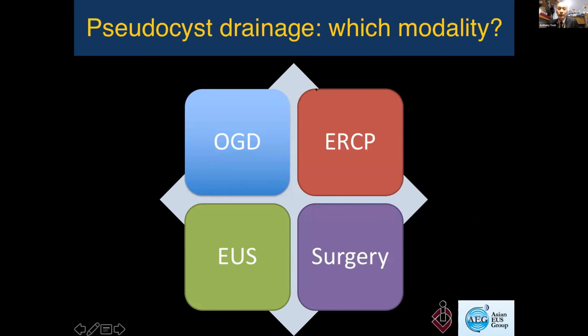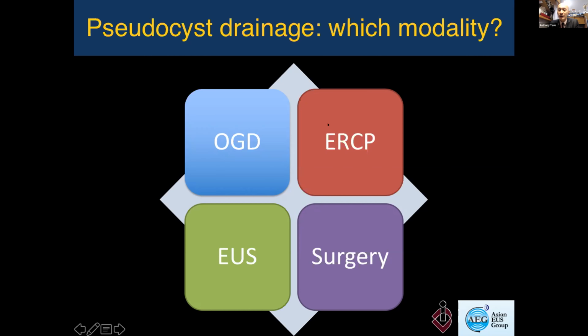So as we know, there are several modalities that we can use to drain these collections. In the past, OGD was suggested, but it was noted that with only OGD guided puncture, there's a risk of arterial injury and uncontrolled bleeding. In some pseudocysts, where there's a clear connection with the pancreatic duct, people have described the use of ERCP guided PD drainage.